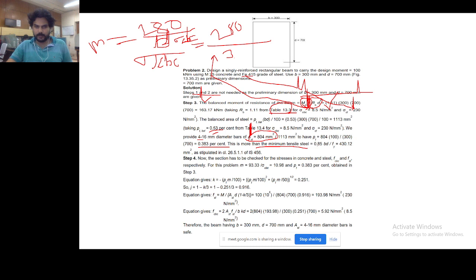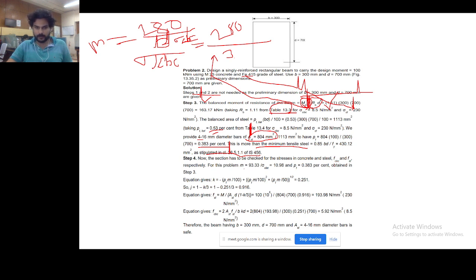as specified in clause number 26.5.1.1 of IS 456. Because of that, now the section is to be rechecked for the stresses in the concrete, FCBC, and FST.